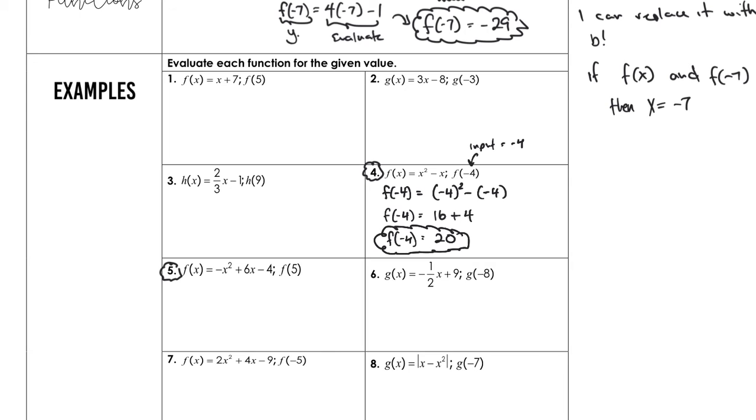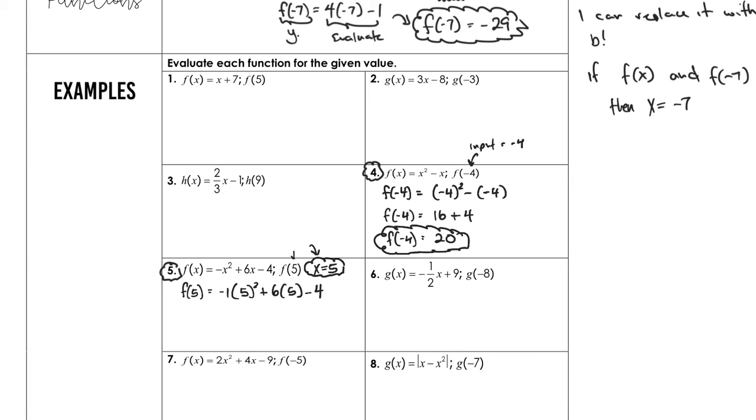Number 5, let's take a look at plugging f of 5 in. The function f with 5 as input is going to be equal to negative 1 times 5 squared plus 6 times 5 minus 4. Now remember, this is literally like saying x equals 5, without writing it that way.